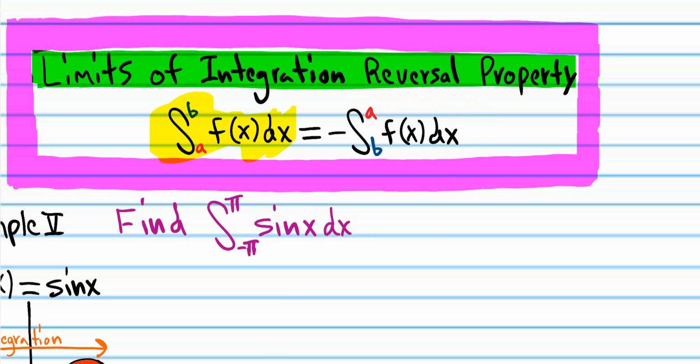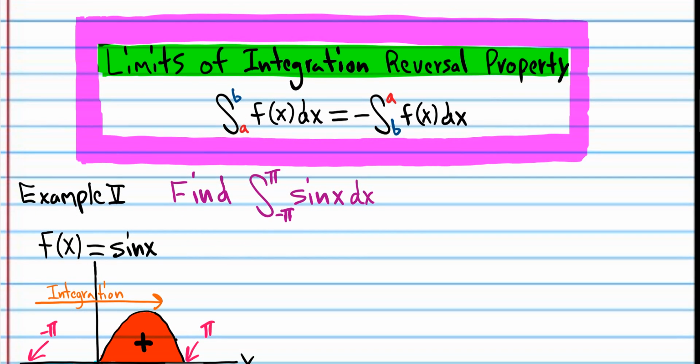So in order to make this equation true, you have to add this negative symbol here. And so that changes the sign of the blue integral, making it equal to the yellow integral. So this is just a way to explain that if you flip or reverse the limits of integration, then you just change the sign of the integral.